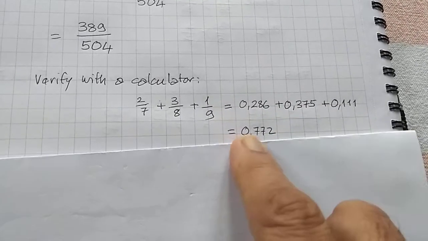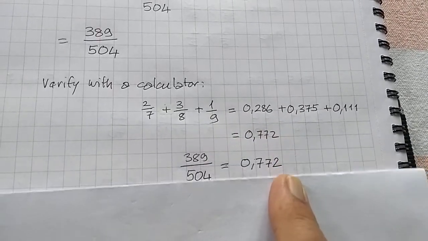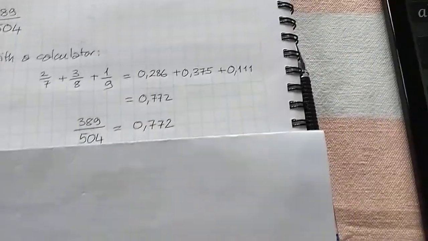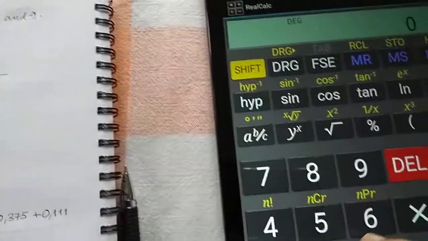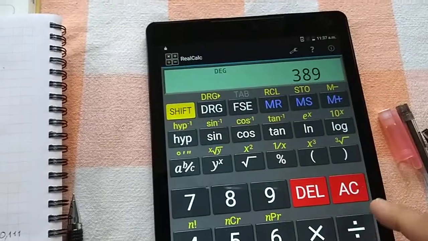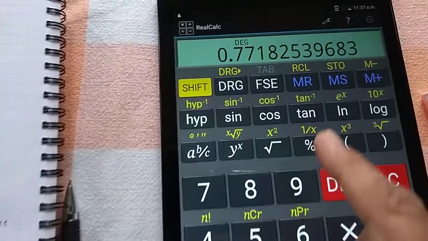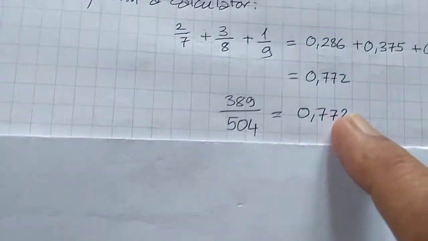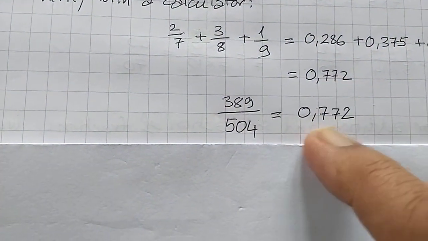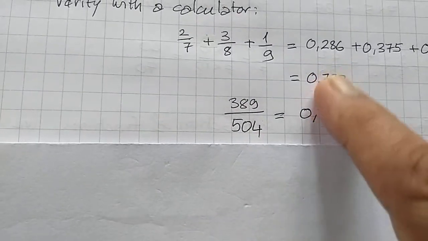Then I add it up, I get 0.772. Now 389 divided by 504, I get 0.7718, which is the same as 0.772 when I round it. So these two numbers are equal.